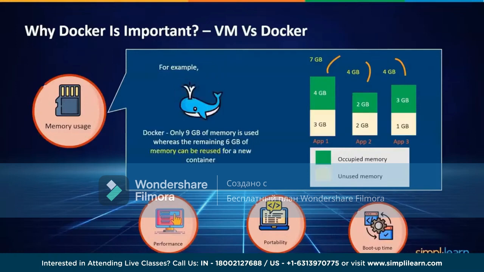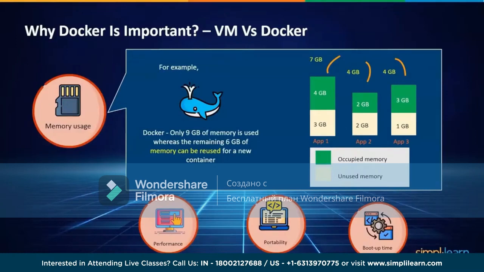But in case of Docker, if out of the 9 GB of RAM we are using only 3 GB, whatever the unused memory is, we can actually reuse it for new containers. So it's not dedicatedly allocated like in virtual machines. If you are using 1 GB, 2 GB, 3 GB, or 4 GB out of 9 GB, whatever the remaining memory is available, you can simply use it for other containers also.